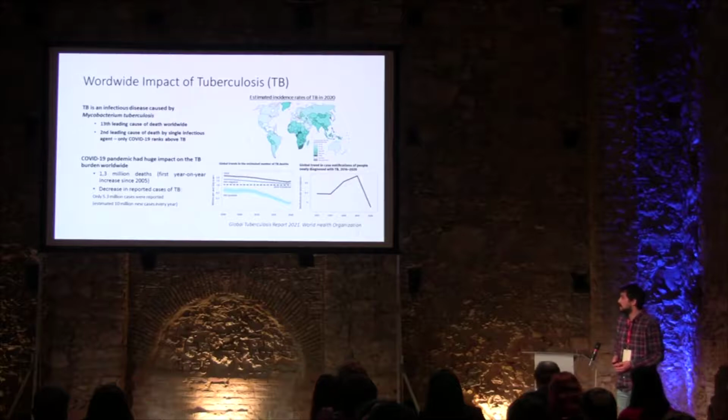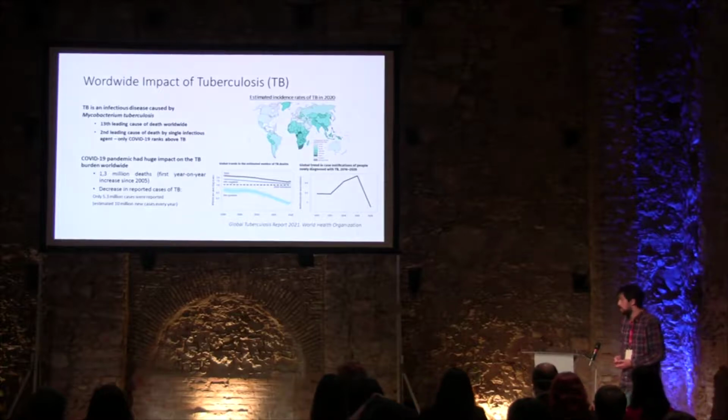For the first time since 2005, there was an increase in the death toll of tuberculosis: 1.3 million people died. There is also a decrease in reported cases of TB. The estimate is 10 million new cases each year, and only 5.3 million cases were reported in 2021.